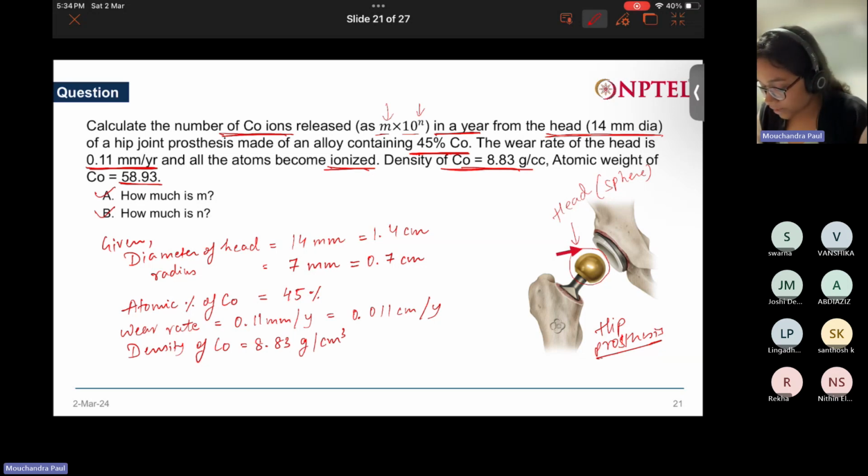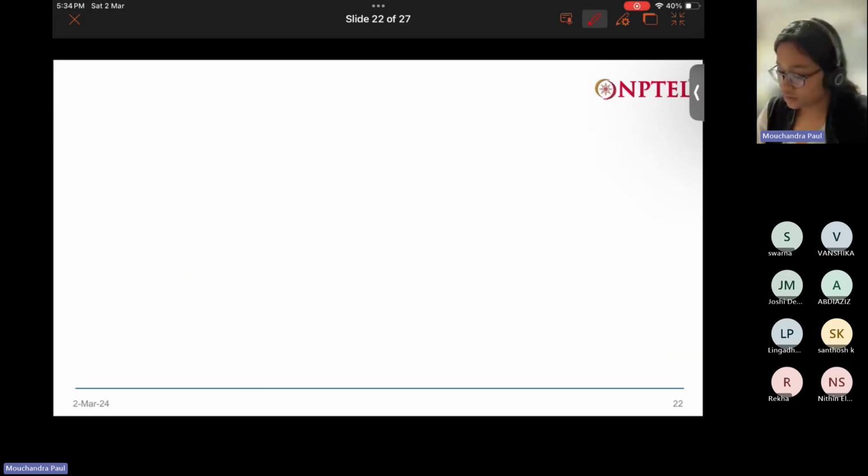And the atomic weight of cobalt is also given. It is 58.93 gram per mole.